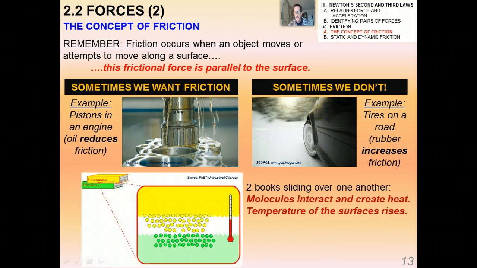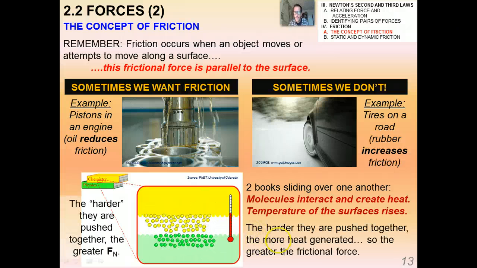Now, on a molecular level, if you're looking at, say, two books sliding over one another, what happens is you're actually getting the atoms in motion, and as they're in motion, they get agitated, they move around, they vibrate more, and what this means on a molecular level is that the temperature goes up, okay? Now, the harder they're pushed together, the more heat that's generated. It's very easy to imagine.